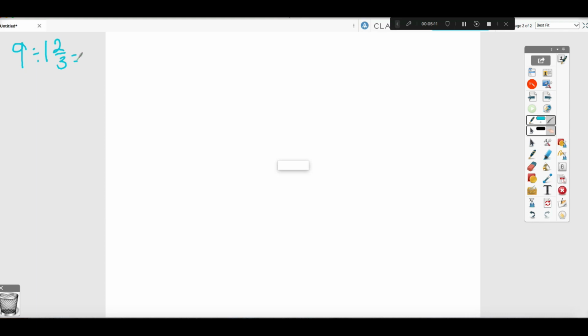It's division. When I talk about dividing fractions or a whole number and a mixed number, the first thing I need to do is turn them both into fractions, right? Okay, so 9 becomes what? 9 over 1. And 1 and 2/3 becomes?